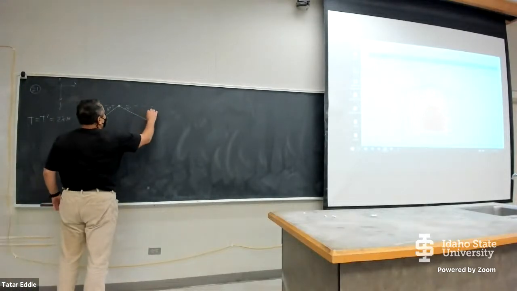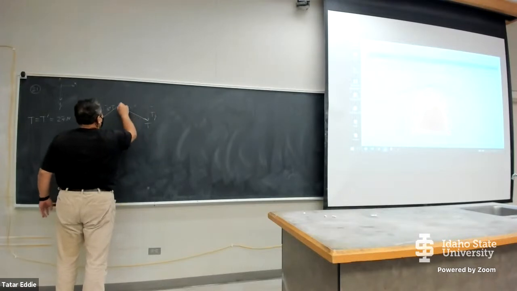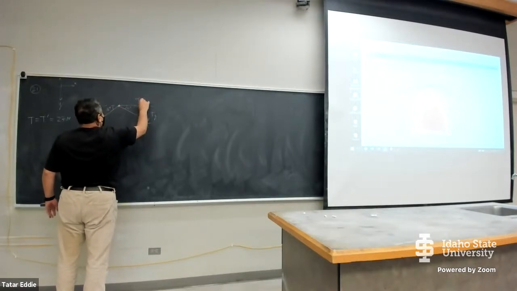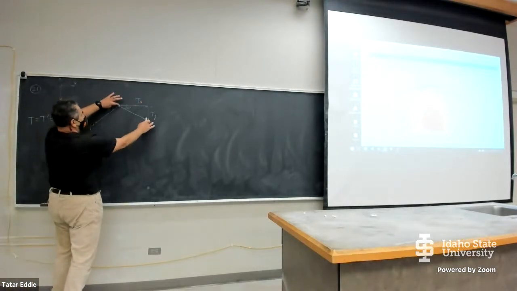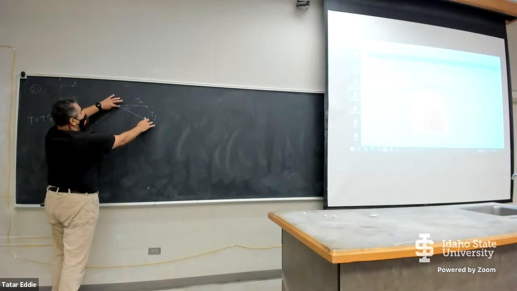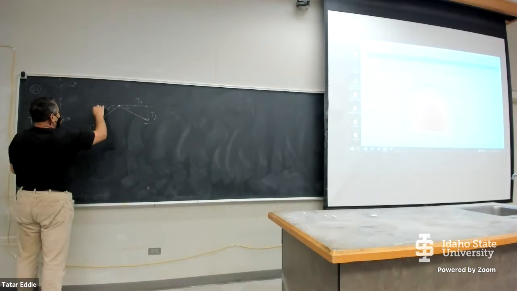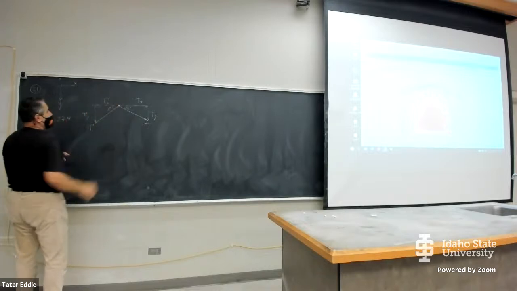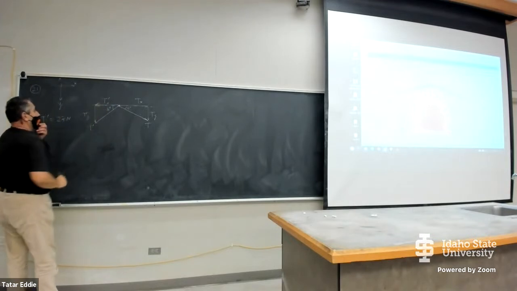Here is the decomposition of the force T: this is Tx, this is Ty. Instead of working with force T, I'm working with its components. The same thing here for T prime: here is T prime y, and here is T prime x.